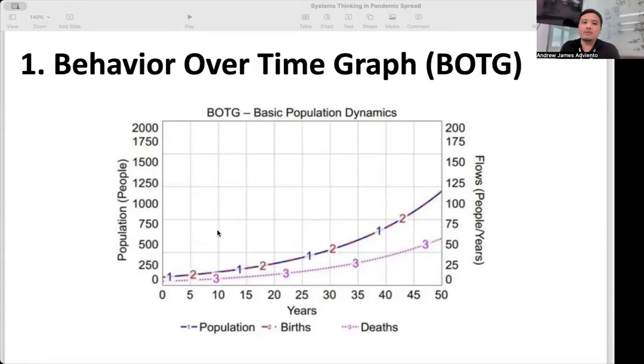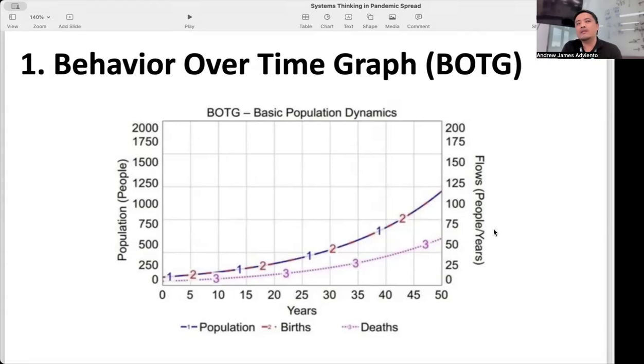So, for example, imagine we track plastic waste in our school. Maybe it looks like this: January, little plastic; February, more plastic; and then March, even more plastic. So this means the problem is increasing over time. A BOT graph helps us see the pattern of change.